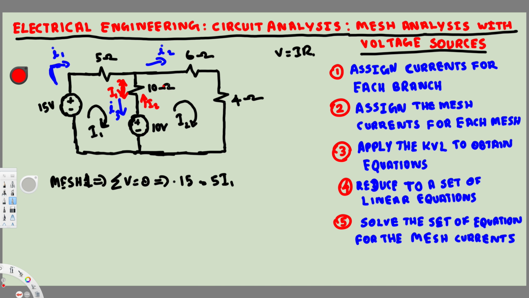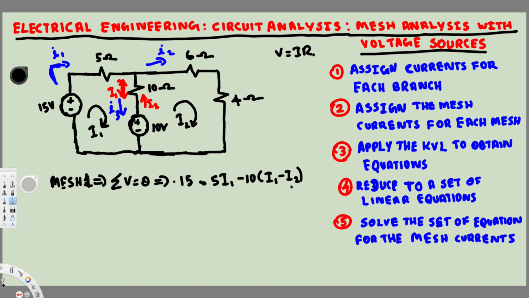So we have to multiply both of them by 10, right? If you put negative 10 right here, I1 is going to be negative, so we just put I1 because we already have a negative right here. That means negative I1. And here we have to put negative I2 because negative negative will make this one positive.